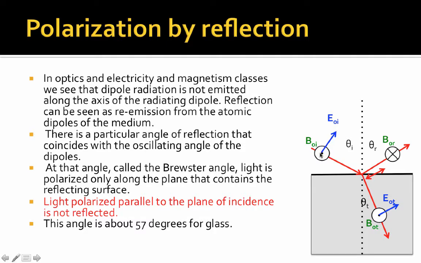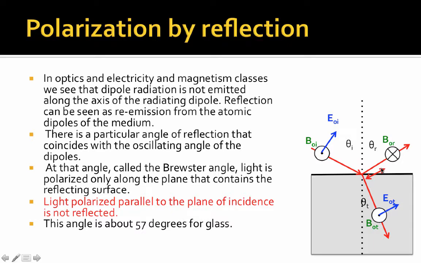We've got an incident electric field that's pointing in this direction. The light comes towards our medium, it bends a bit, and now it's making dipoles vibrate along this red double-sided arrow. Well, those dipoles can radiate just fine into the medium, but they cannot radiate this way, which is the direction that the light must reflect.